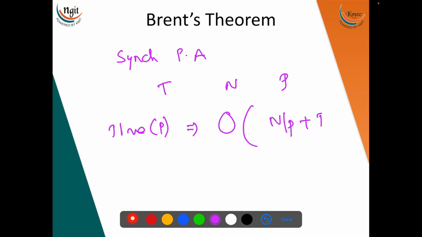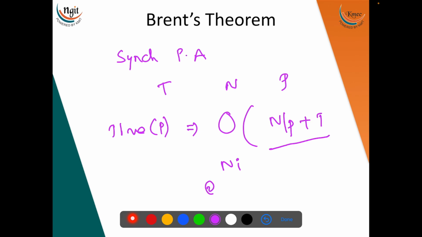There are two qualifications to Brent's theorem before it can be applied in the PRAM model. First, compute n_i at the beginning of step i in big O of n/p time using p processors, that is, determine how many operations are actually to be performed in step i.